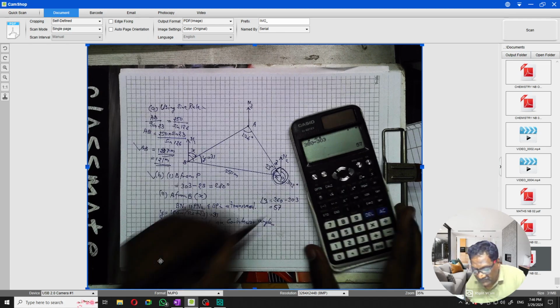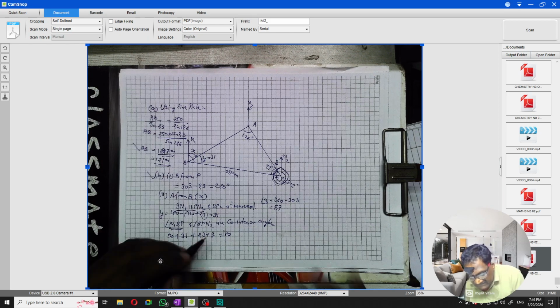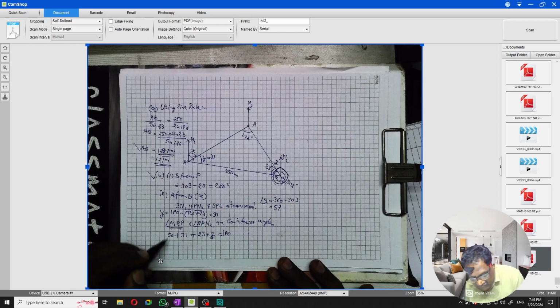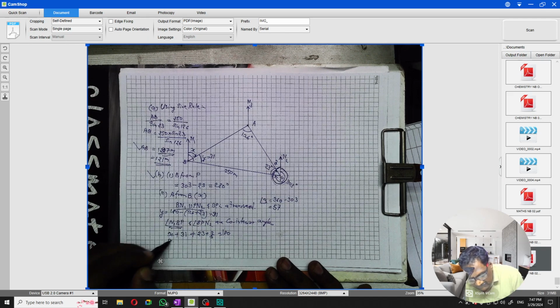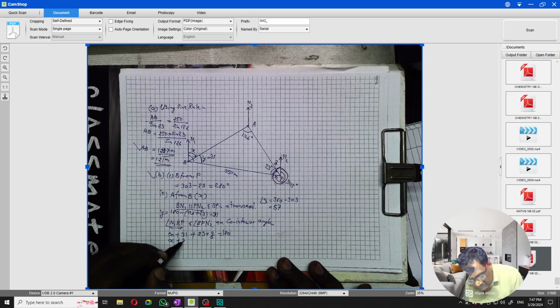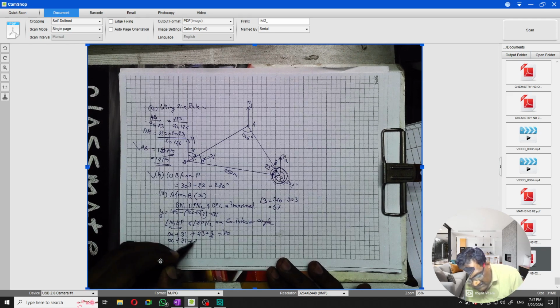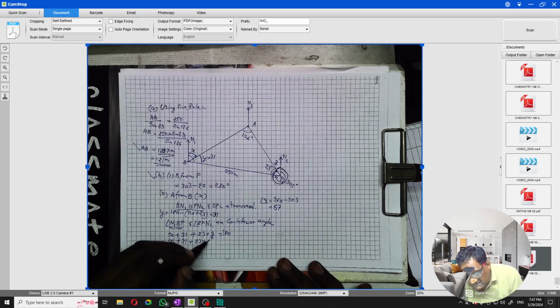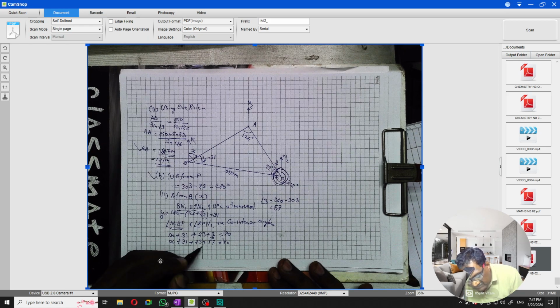So Z I am getting as 57. So now I can write x plus 31 plus 23 plus 57 equal to 180. Therefore my x will be how much?